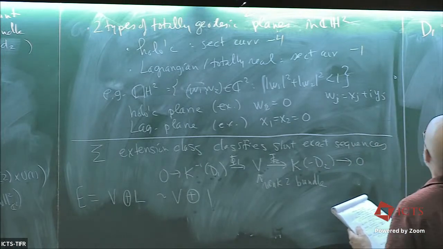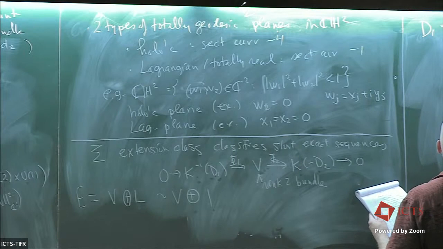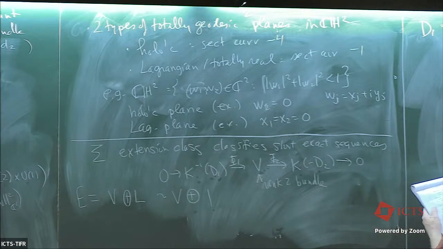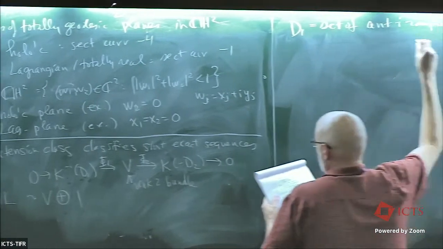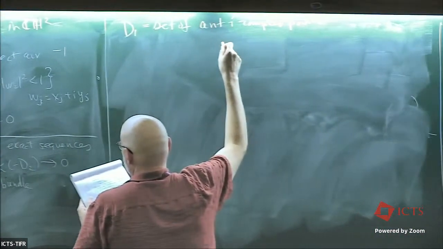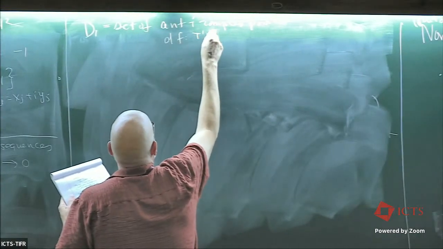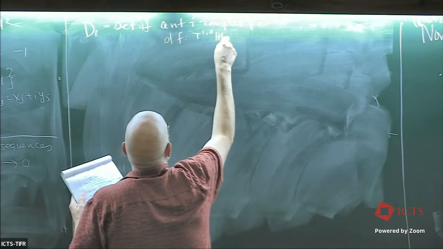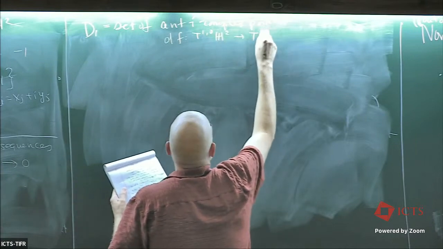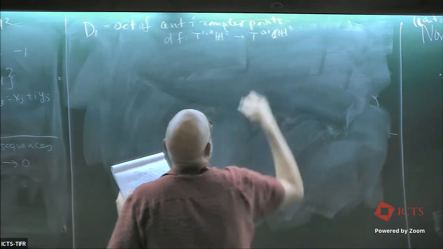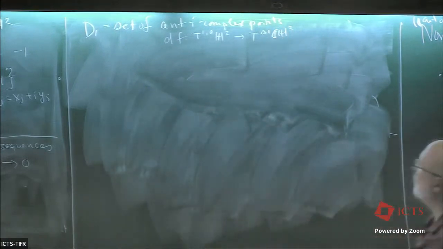Okay, so D1 is the set of anti-complex points. In other words, dF such that it takes T10 of H2 to T01 of CH2. So these both have complex structures, but this is not in general holomorphic.